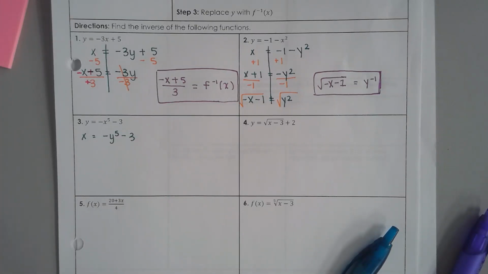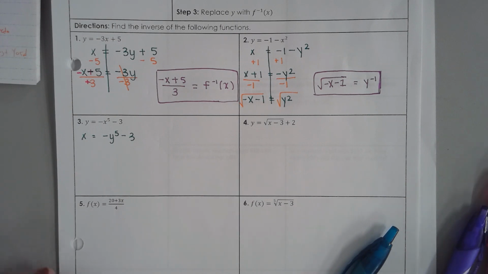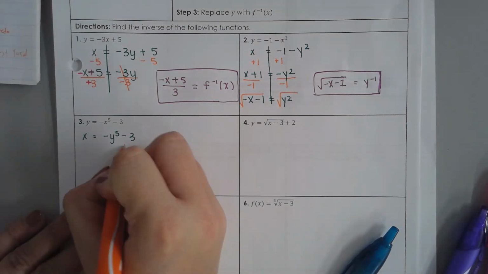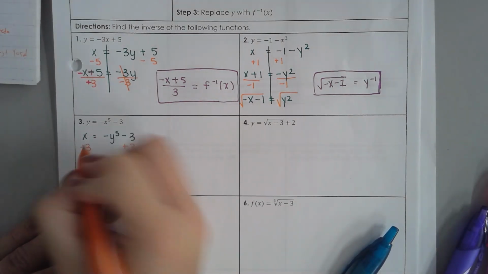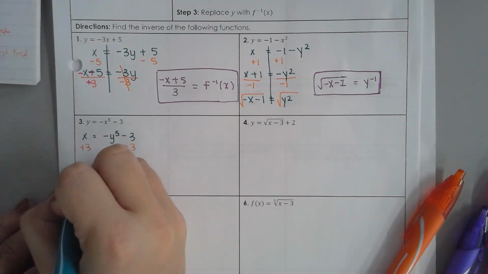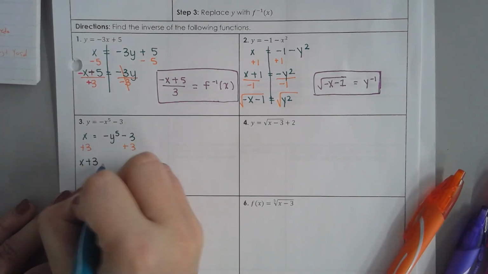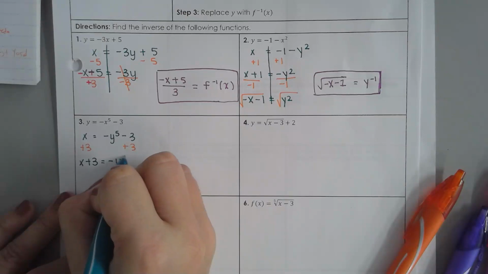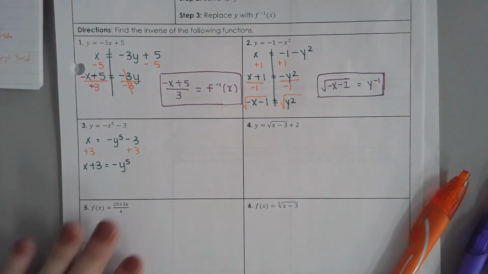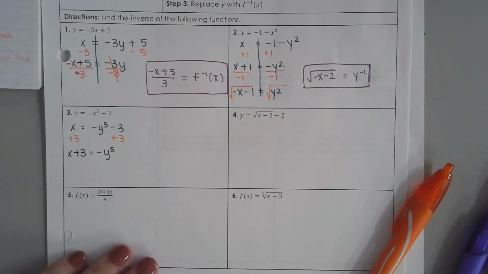Carter, any guesses? If you're wrong, it's okay. What step might I do first? Yes, I'm going to add 3 to both sides. I get x plus 3 equals negative y to the 5th.